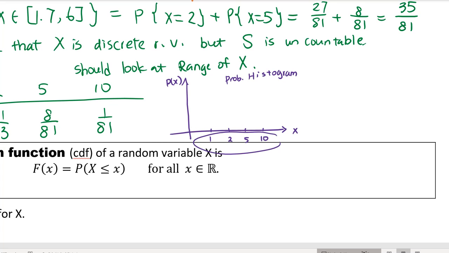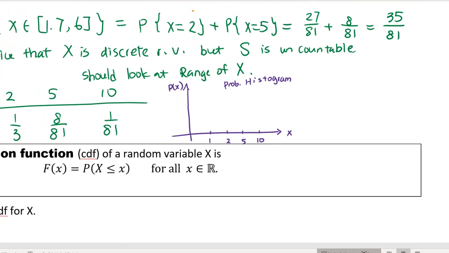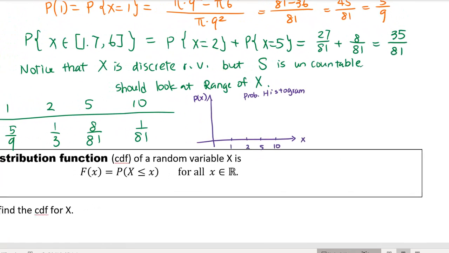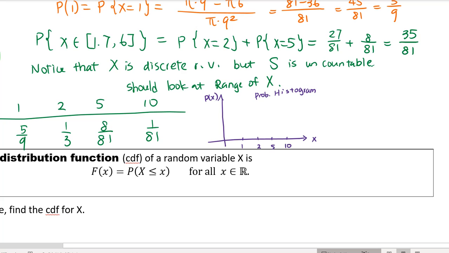It might not be in the same scale because we just need 4 numbers there. When x is 1, we get 5 over 9. Let's say this is 1, 5 over 9 is right here.